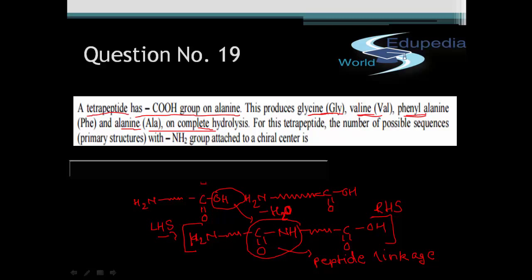In any peptide there will be a chain in between, and the COOH group would be at one extreme and the NH2 group at the other extreme. This is what the arrangement is going to be like.